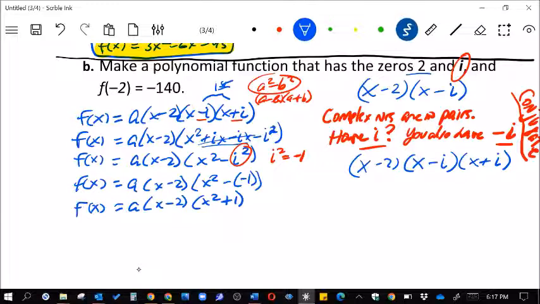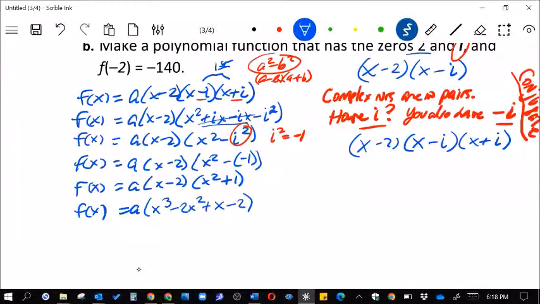Now I will multiply the x minus 2 into that. So x times x squared, x times 1, negative 2 times x squared. So actually it's x to the third minus 2x squared, plus 1x. I'm trying to make sure I put these in order by exponent first.